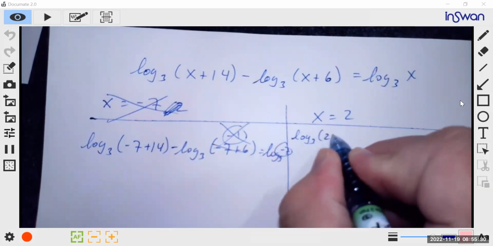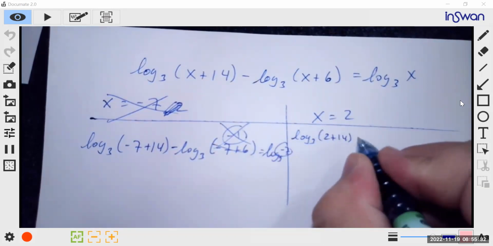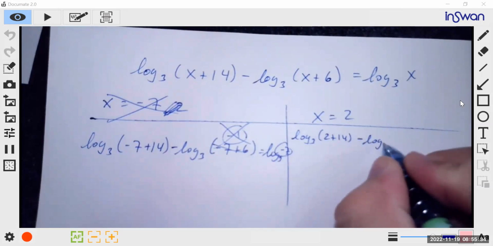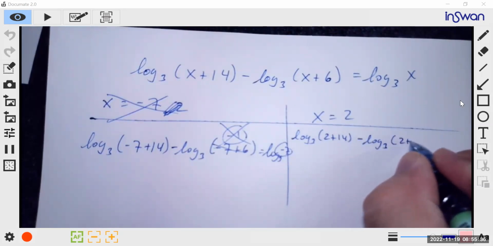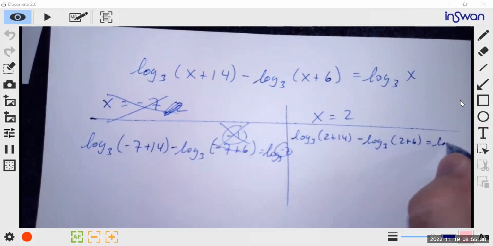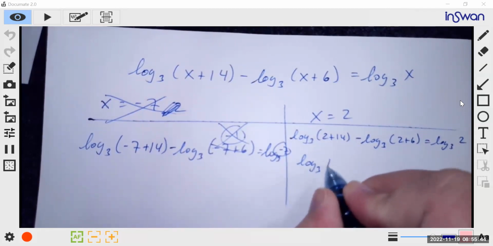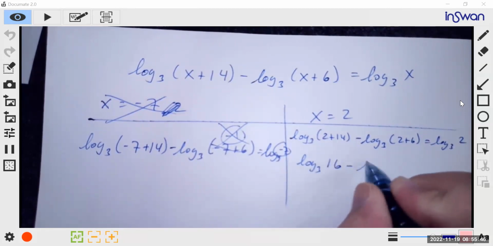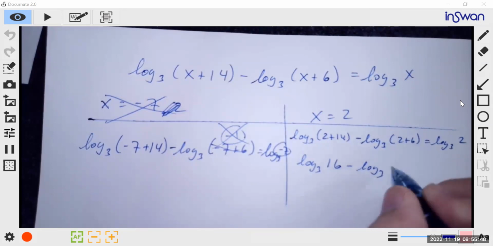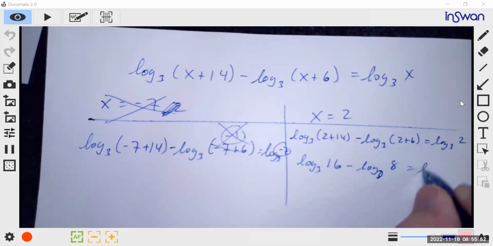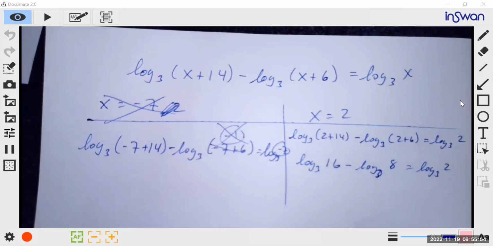Let's try 2. 2 plus 14, 2 plus 6, 2. So log base 3 of 16, log base 3 of 8, equals log base 3 of 2.